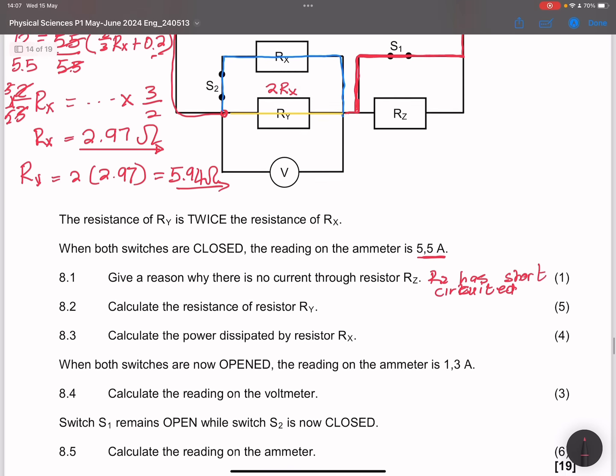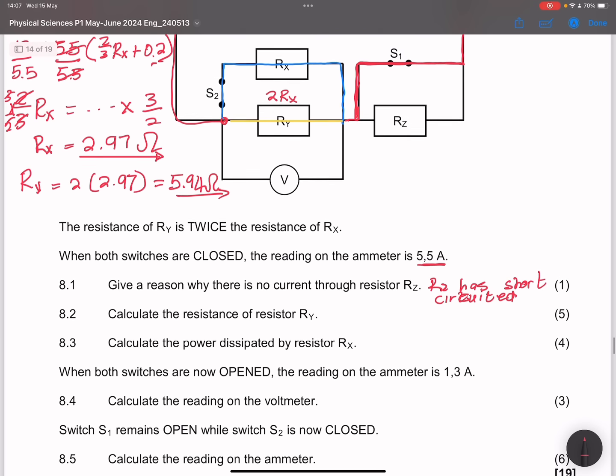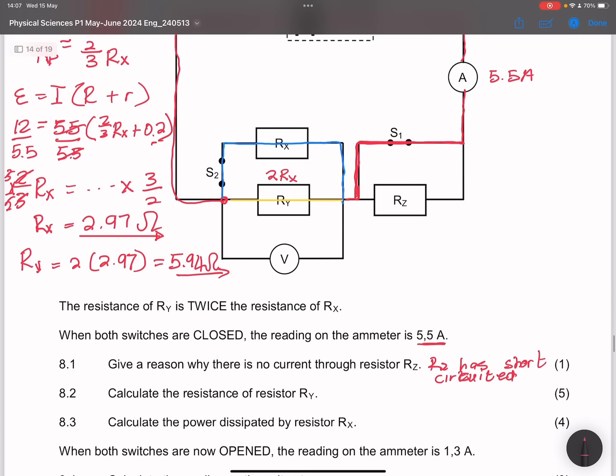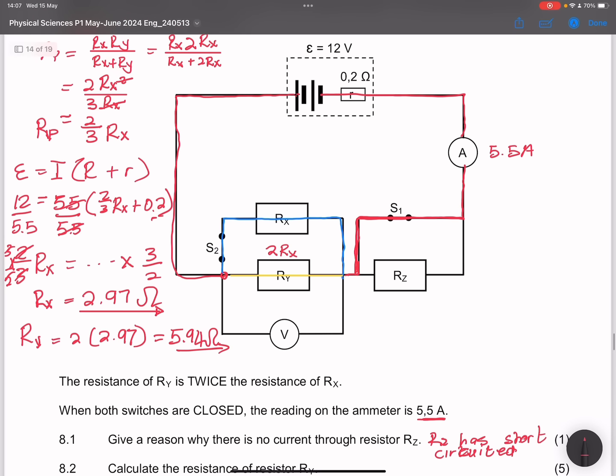So they say calculate the power dissipated by Rx. Now remember, in this case, for Rx, what would we know? Well, we actually know that the total current of the circuit is 5.5, right? So we don't even know the resistance of the two resistors.